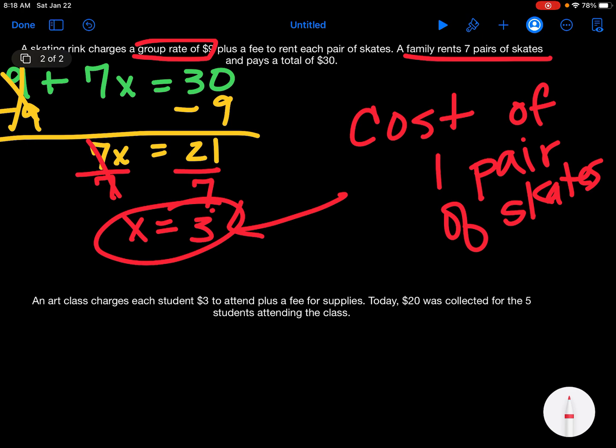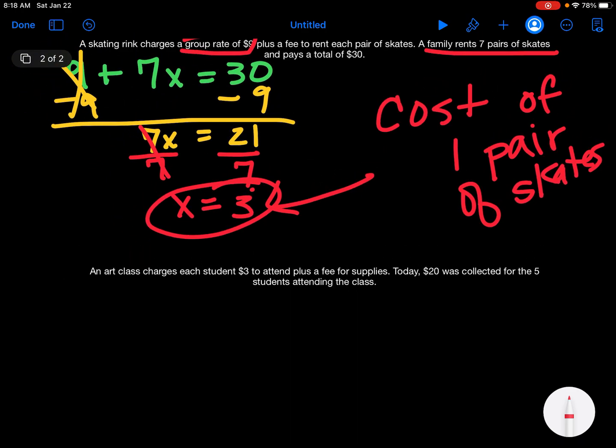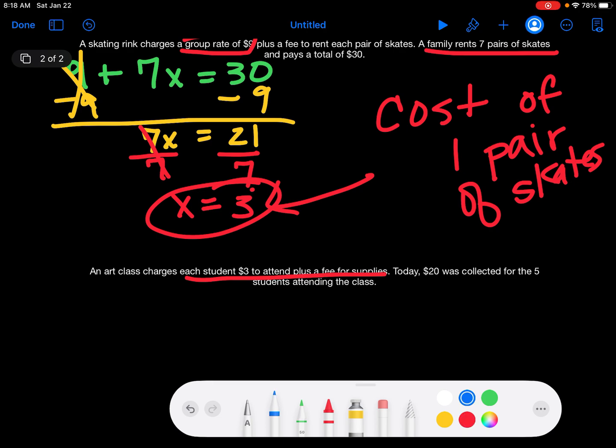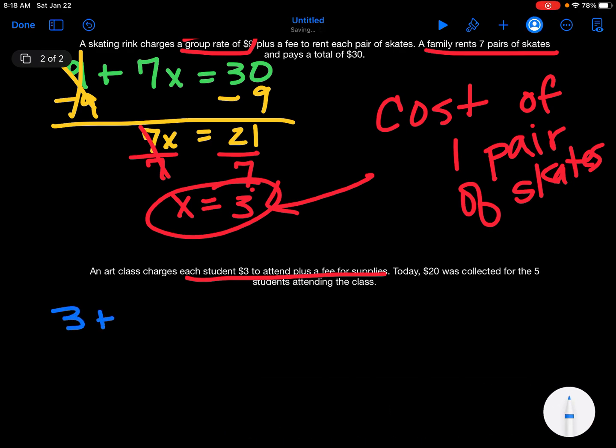The last one, an art class charges each student $3 plus a fee for their supplies. So each student gets charged $3 plus a fee for their supplies. I don't know what that fee is. Today, $20 was collected for the 5 students to attend the class.